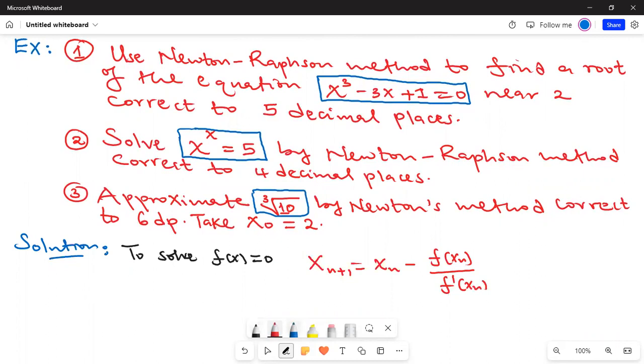This is what we are calling the Newton-Raphson method. It is an iterative formula that will help you approximate the roots of any given equation.